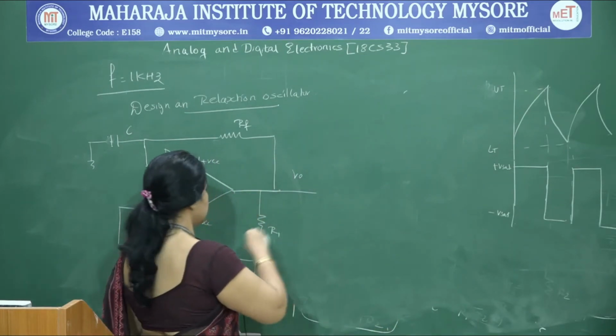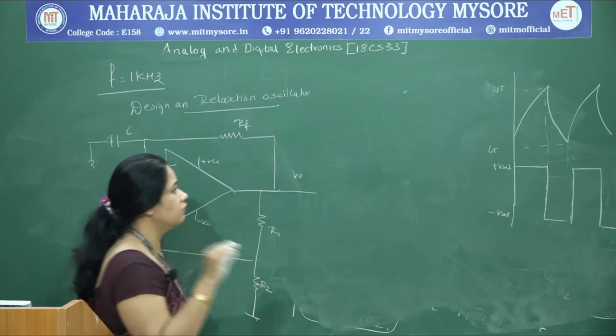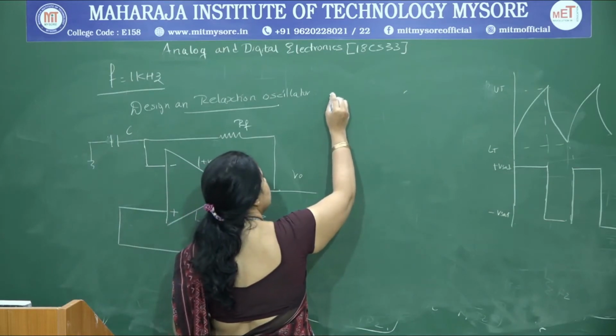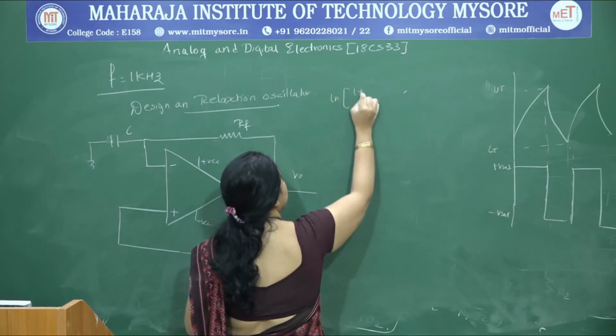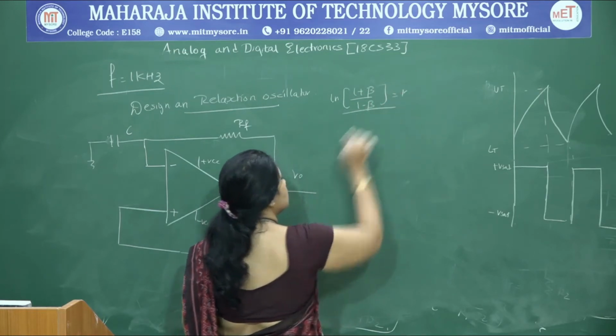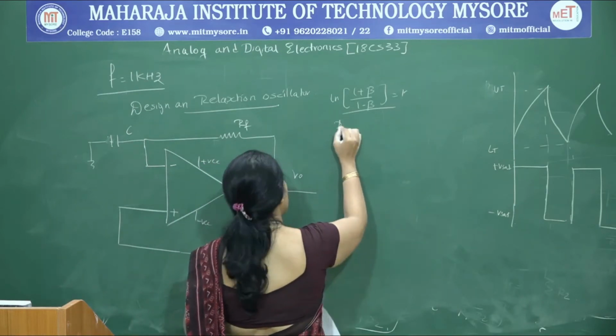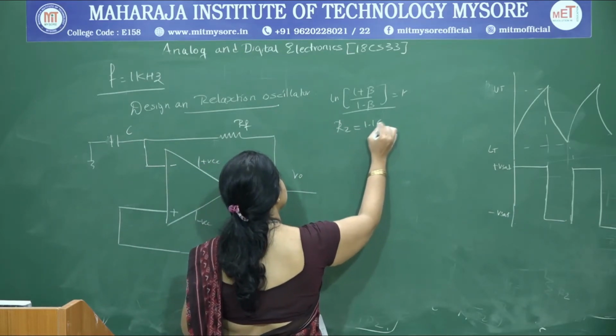Now, you are designing it such that the logarithmic value tends to become 1. If you want to make the logarithm of (1 plus beta by 1 minus beta) equal to 1, you need to take a value of R2 equal to 1.16 R1.